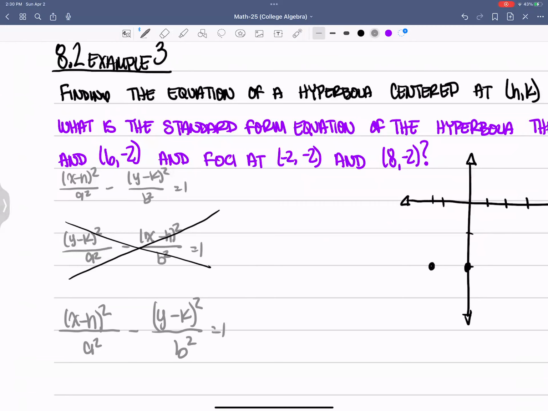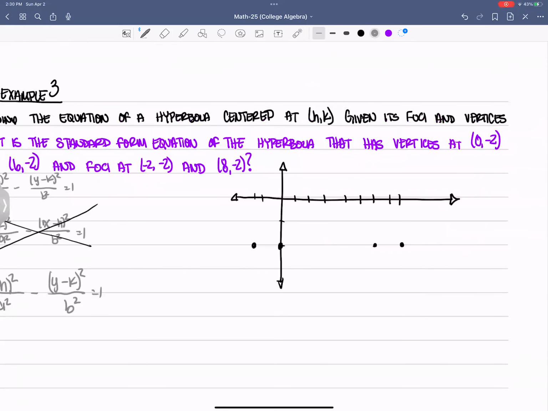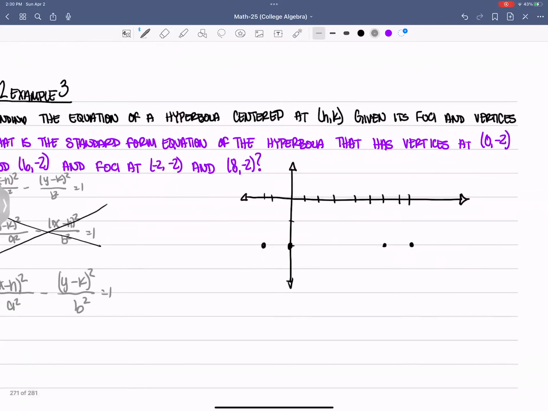Let's figure out what the center is. The center we could get from the center of our foci or from the center of our vertices. It doesn't really matter. Let's do it from our vertices.